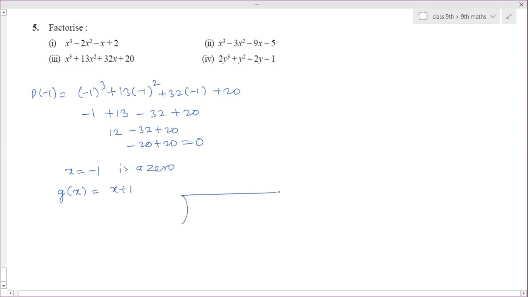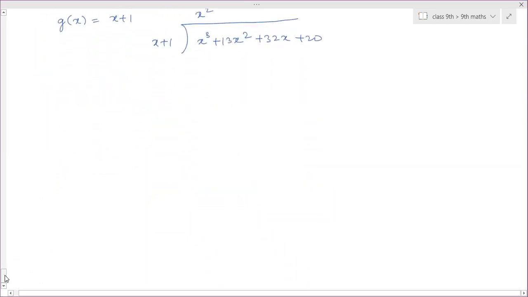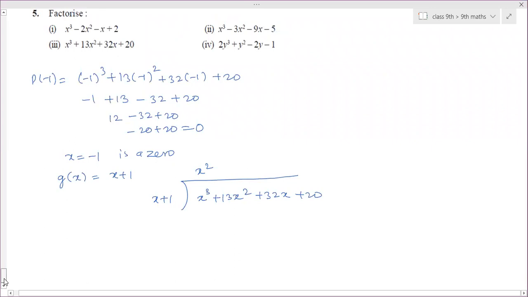So divide the polynomial x cube plus 13x square plus 32x plus 20 with x plus 1. The first quotient is x square. So it is x cube plus x square, minus minus, this gets cancelled. 12x square plus 32x.